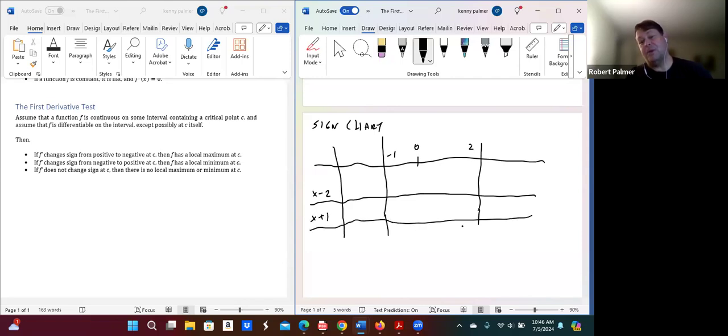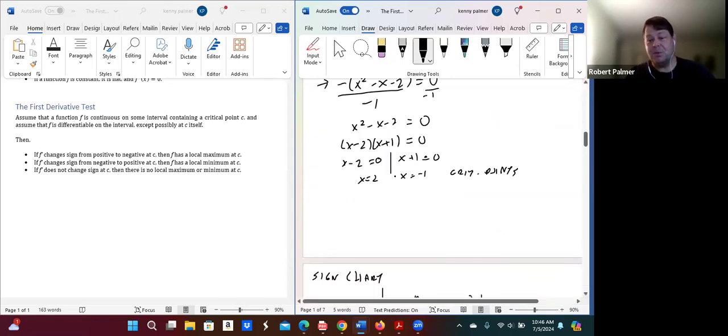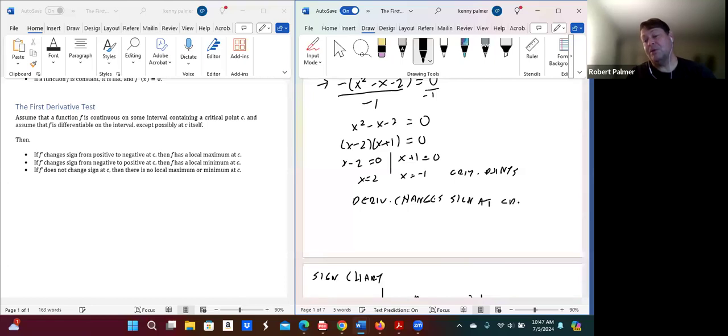And then right here below, I'm going to write the sign. Now, these are the places, the critical values, where the derivative changes sign. So I'm going to write that down. The derivative changes sign at the critical values, at the critical points.